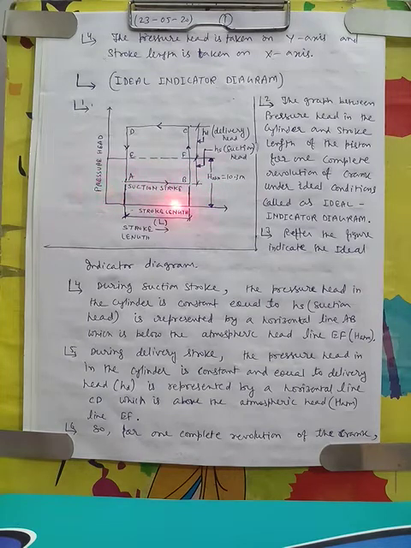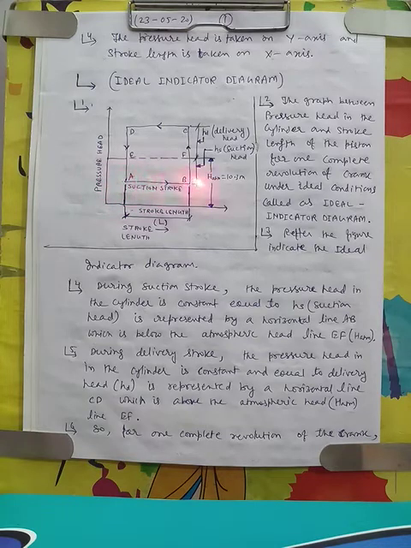It is assumed that pressure is constant, but actually it is not constant. That we will discuss later on, but now we are discussing the ideal indicator diagram. In the ideal indicator diagram, we assume that the pressure inside the cylinder is constant, and that is the suction pressure. So from A to B there is a constant pressure, the suction pressure due to the suction stroke.